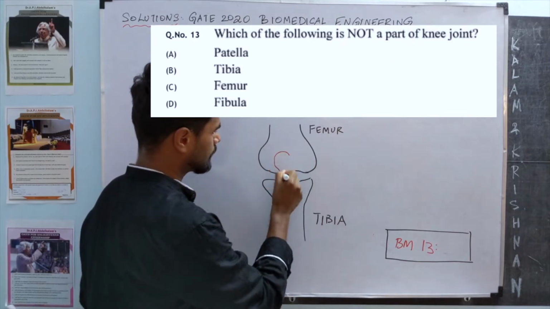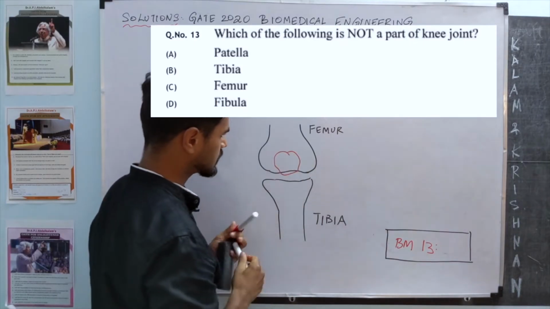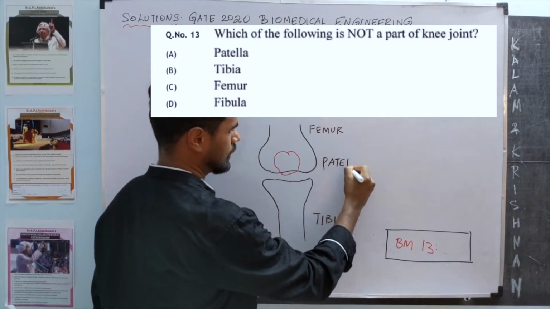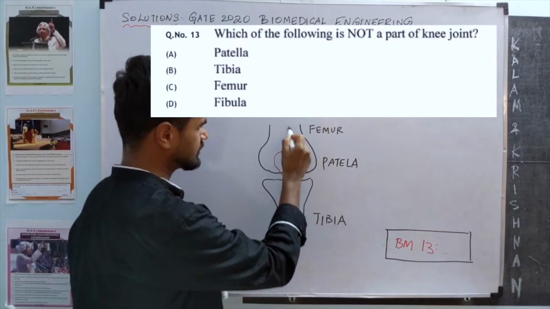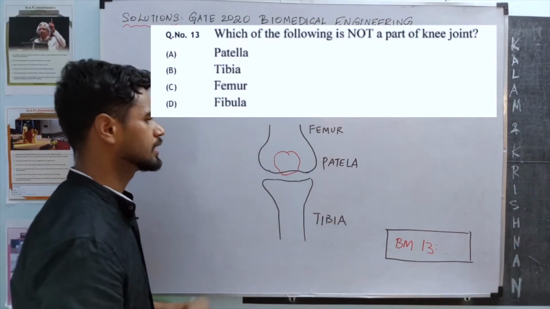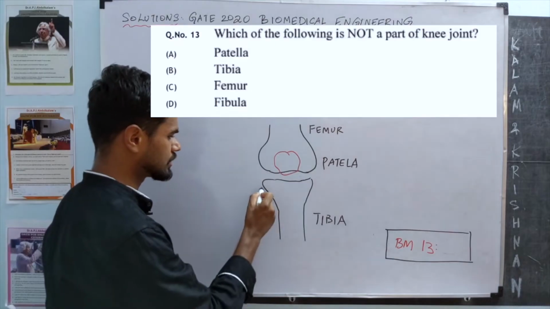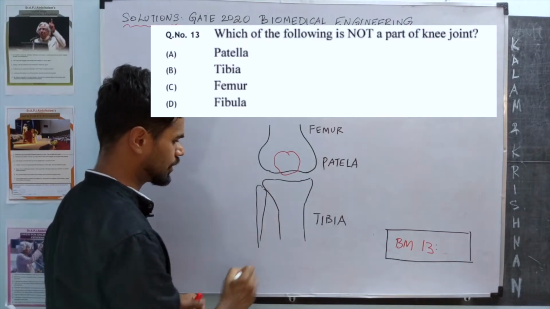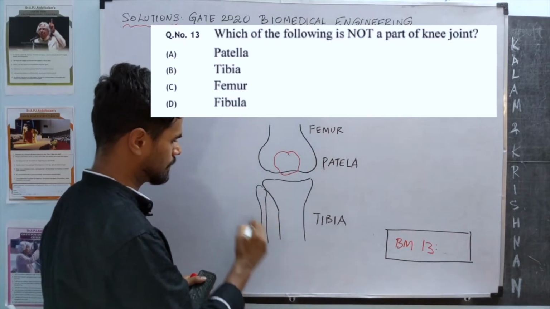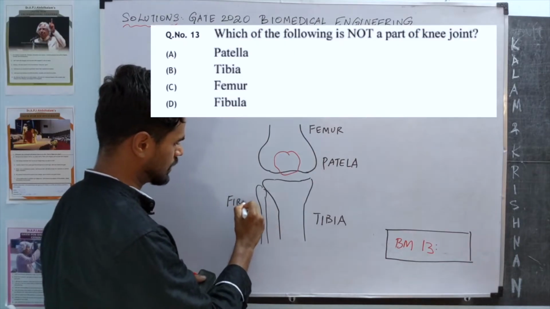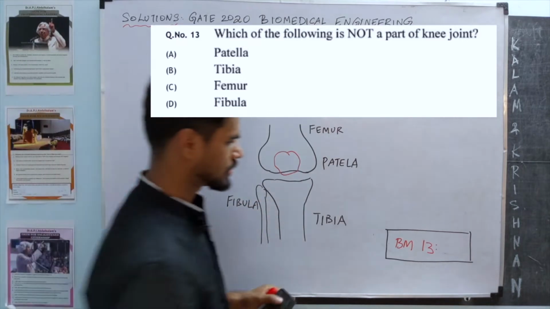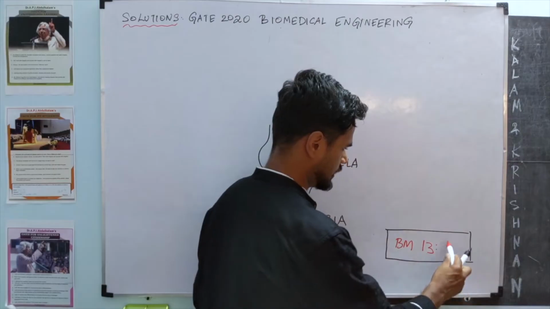Then we have a kneecap here, and that's called the patella, right? So these 3 form a part of the knee joint. The thing that doesn't fit into the knee joint is this additional bone over here, okay, that is called the fibula. Hence fibula does not belong to the knee joint. The option is D.